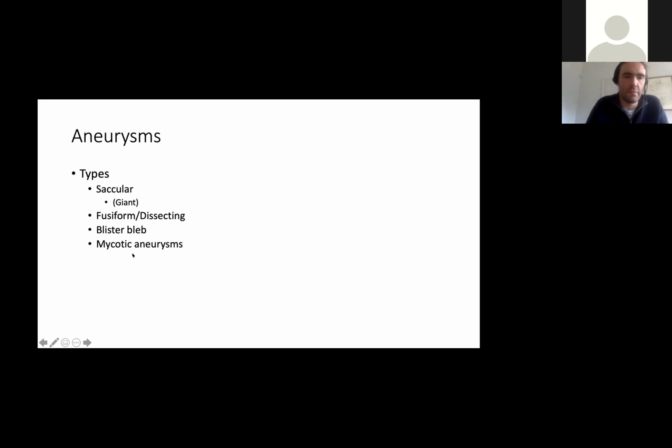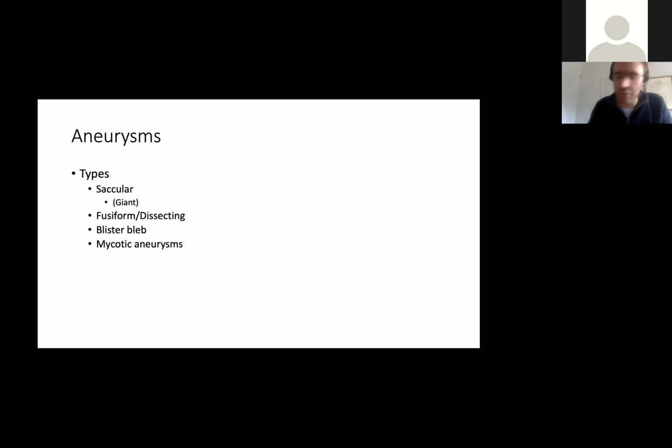Okay, so I was going to break the aneurysms down into their morphological types. These are the main different types of aneurysms. You can talk about different aneurysms in terms of locations, or you can talk about them in terms of their actual morphology. So you can get saccular aneurysms. Saccular aneurysms are your typical aneurysms that present acutely with acute subarachnoid hemorrhage. And a subtype of these are giant aneurysms, which are defined as anything over 2.5 centimeters.